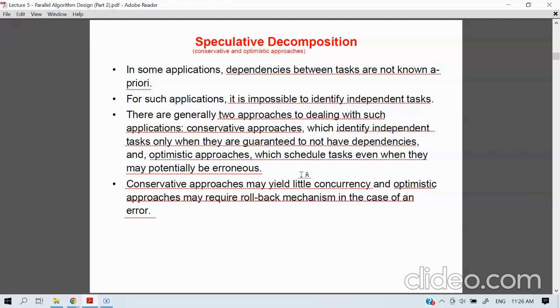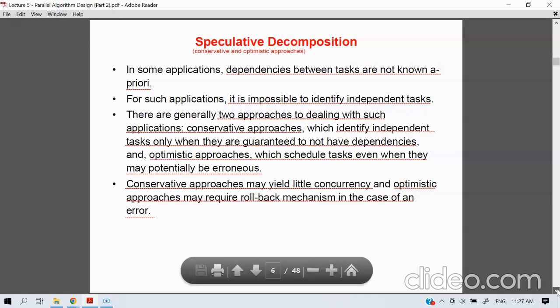However, optimistic ni disebabkan dia bersangka baik, dia kata redah je lah. Okay, optimistic approaches, sometimes some of the processes may require rollback, kena undo balik, kena buat semula in case of an error. So that one is speculative. Speculative has two approaches, conservative and optimistic.